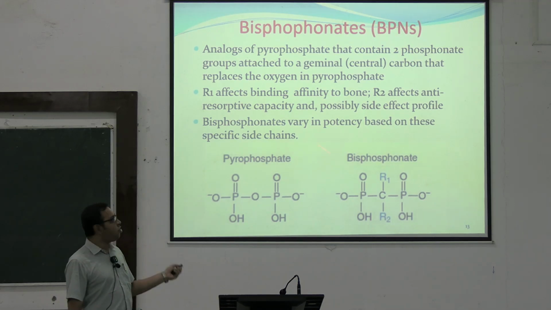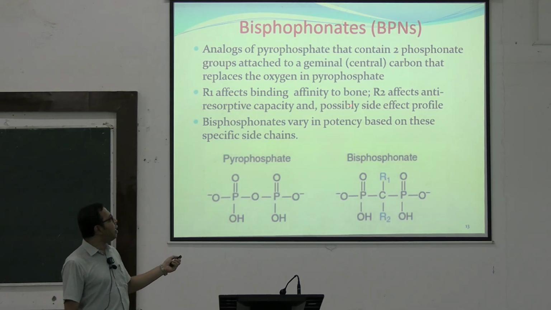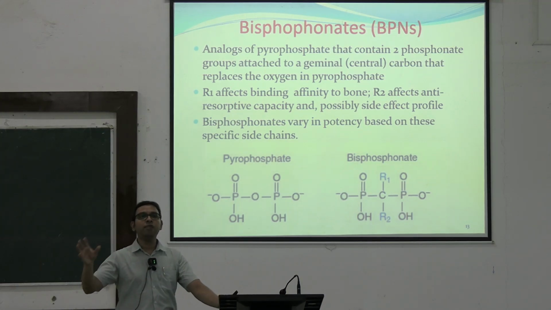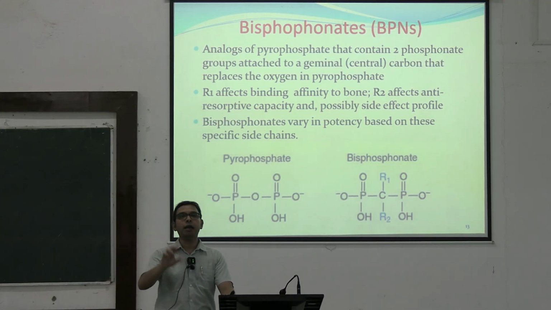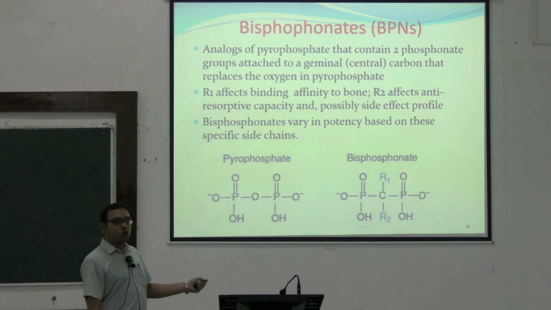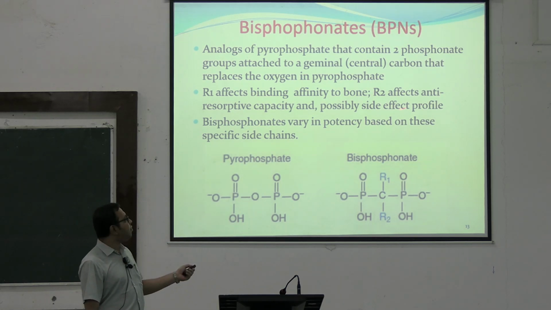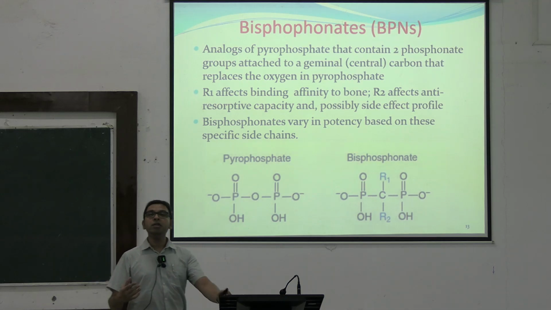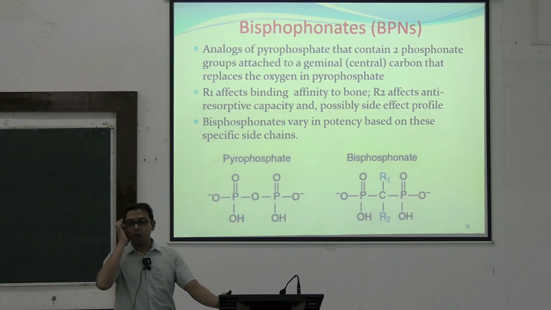This R1 side chain basically affects the binding affinity to bone. So if we change the R1, different bisphosphonates have different binding capacity to the bone. R2 is another side chain that affects the anti-resorptive capacity, that is, how much it interferes with the resorption of the bones.